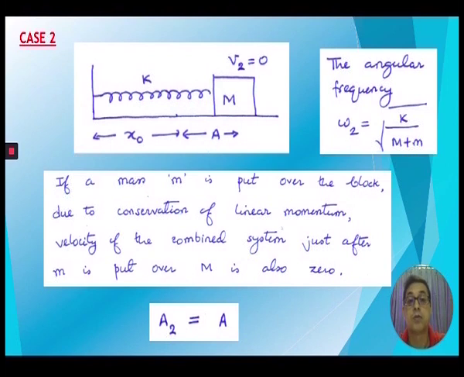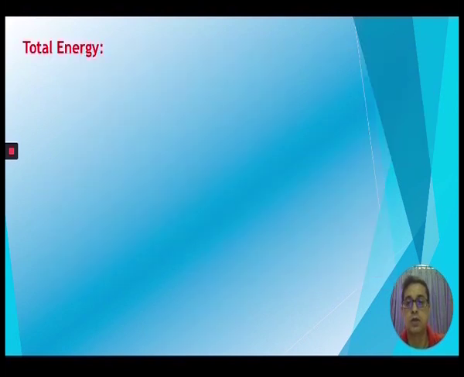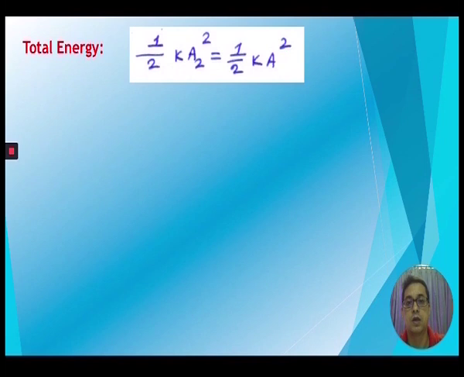So what about the amplitude? It is not going to change. It is going to be the same, right? A2 is equal to A, because you just extended it from the equilibrium position by A. Immediately you can see the total energy is half k A2 square, which is exactly the same as the initial configuration that we had, that is, when no mass is put on the block. So total energy in case 2 is not changed from the original one.